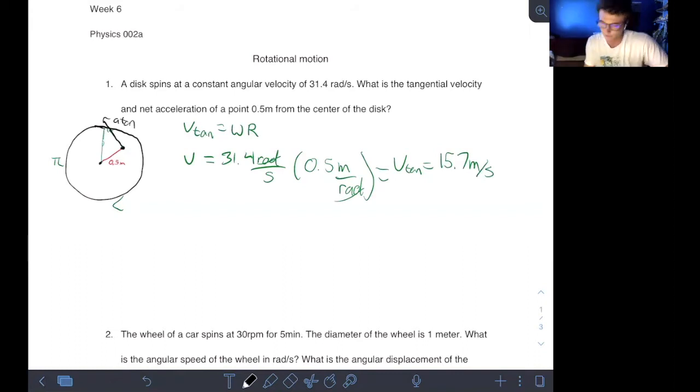And then the radial acceleration is going towards the center, like the centripetal acceleration. So we want to find the net acceleration, which is a combination of these two. Essentially we're going to be adding these two together to get the net acceleration. So how do we add these two together?